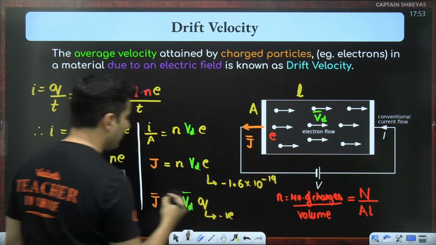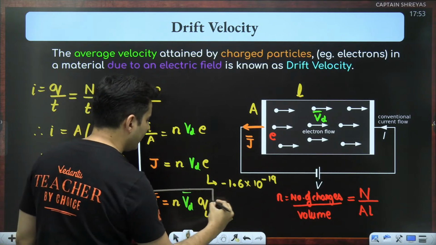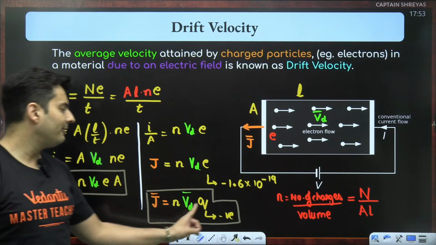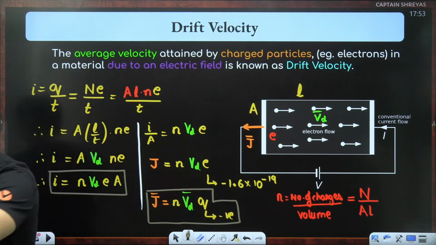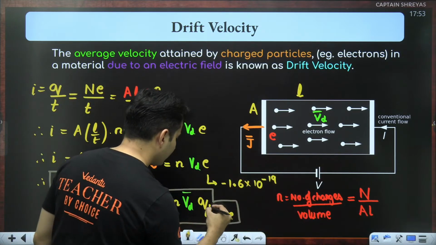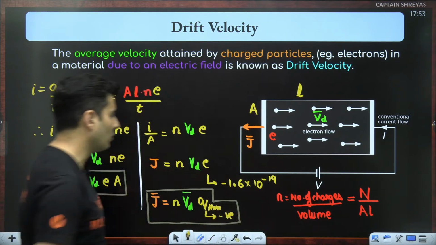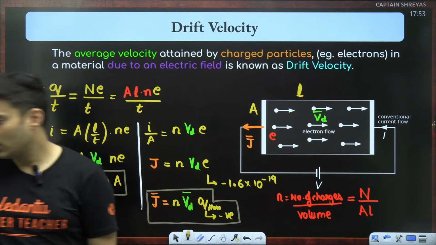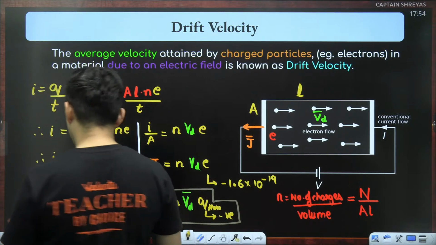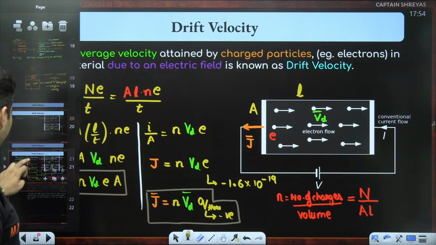So this is another way of writing it. J is equal to N Vd into the charge which is actually flowing. In this case, it is the electron. Is that clear? Everyone? We'll come to the mobility formula, etc. in a bit, but not now. Hold on for some time.